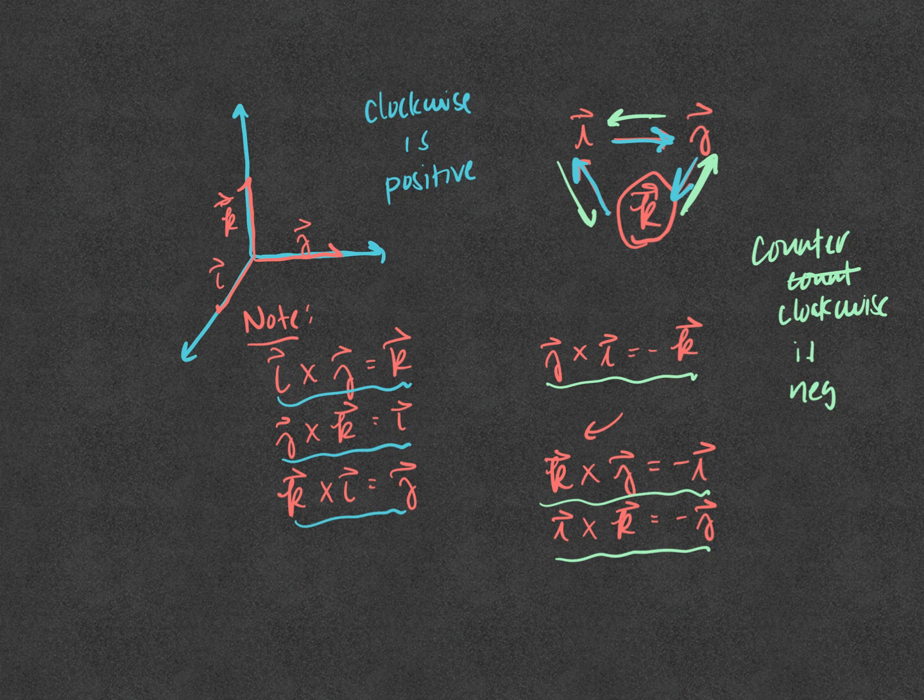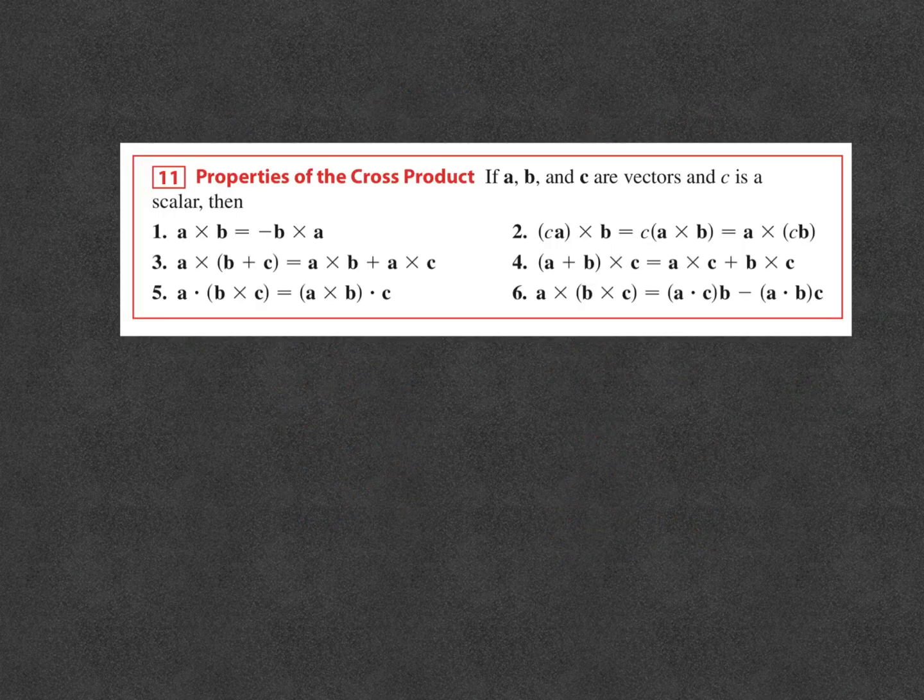But let's look at some properties of the cross product. First of all, because we're working with determinants, remember that the commutative property does not hold. So keep that in mind. Take a minute and pause and look at these properties of the cross product. Number 1, the commutative property does not hold, but A cross B equals negative B cross A. It kind of makes sense.